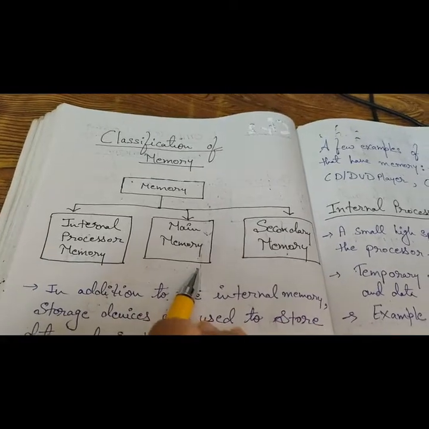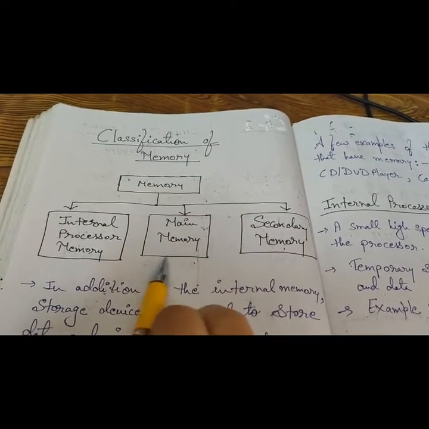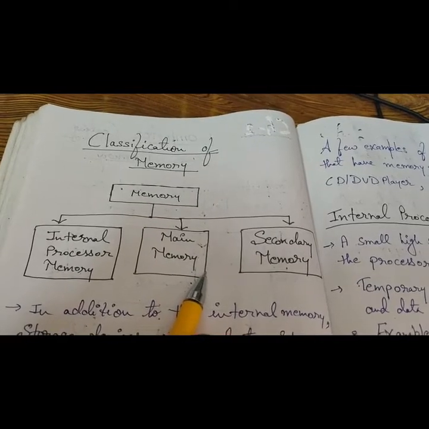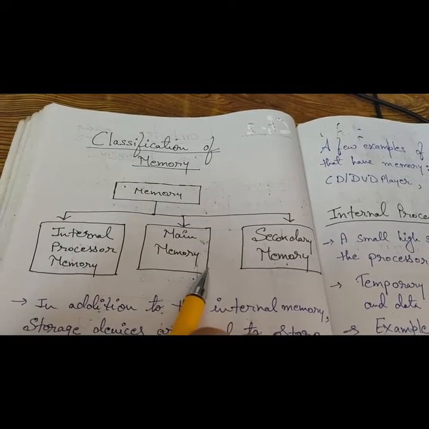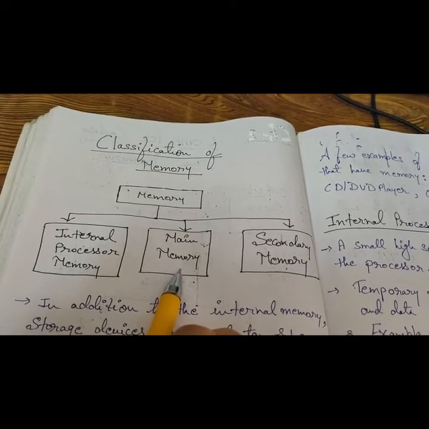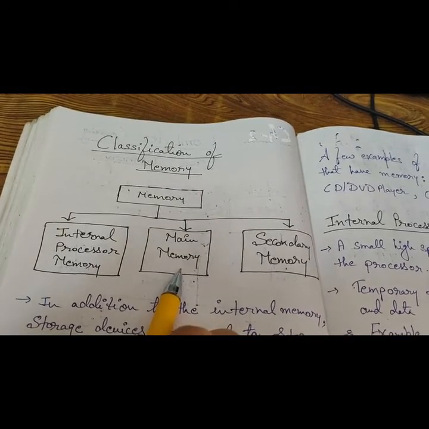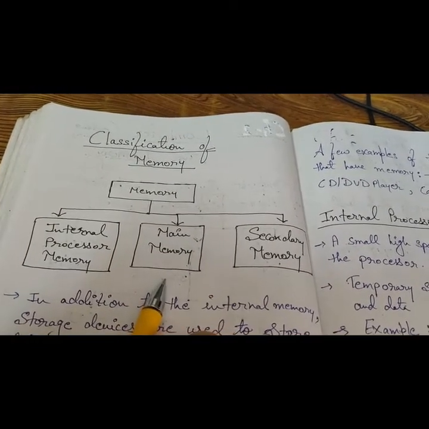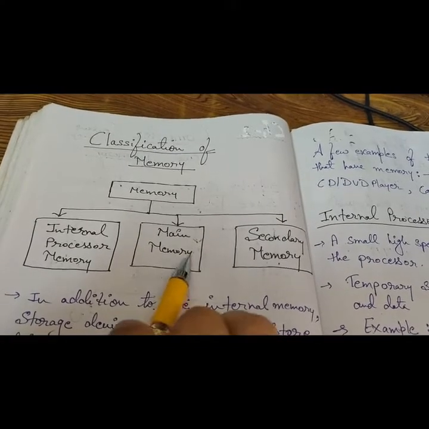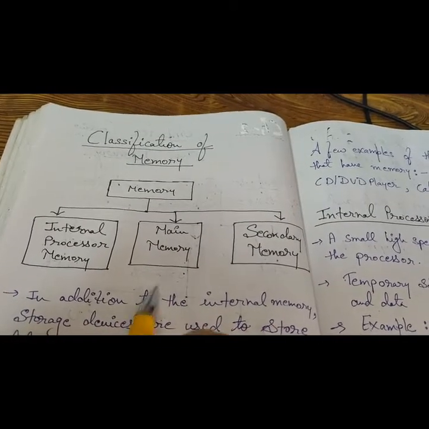Main memory, as you know, is also known as internal memory, and it is a large memory placed outside the processor. Data and instructions are stored here temporarily and permanently also, because it has two types, RAM and ROM.